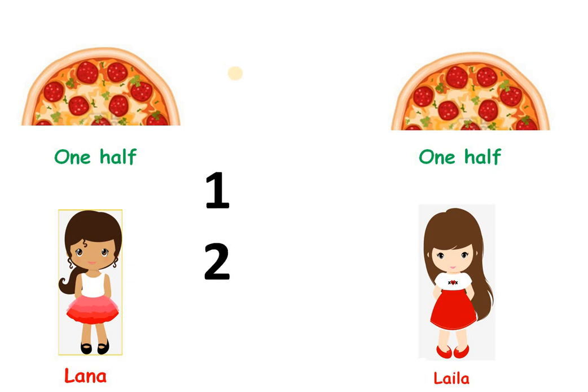To make this look like a fraction, we have to put a line between them. We read this line as over. So we read the fraction as 1 over 2.